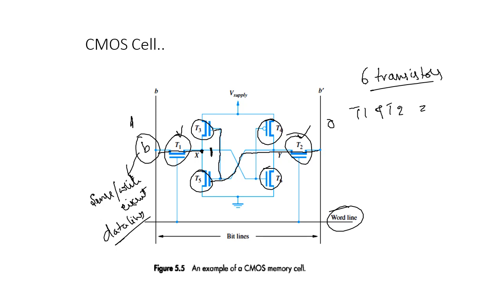So what happens is T3 will turn on, and T6 will turn on. T3 and T6 transistor pair will turn on, and the output at this terminal becomes 1 and output at this terminal becomes 0.